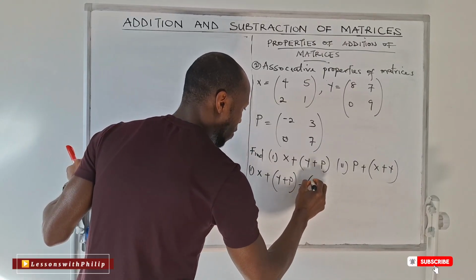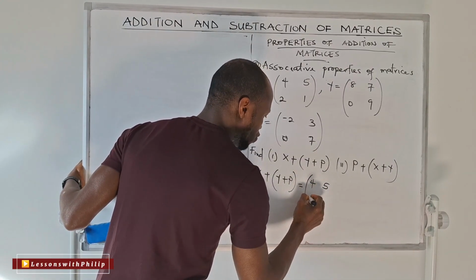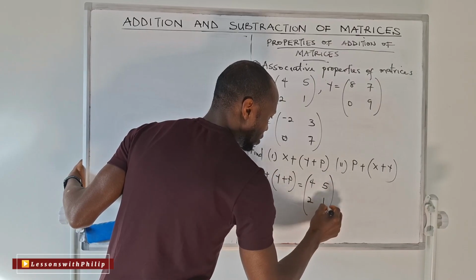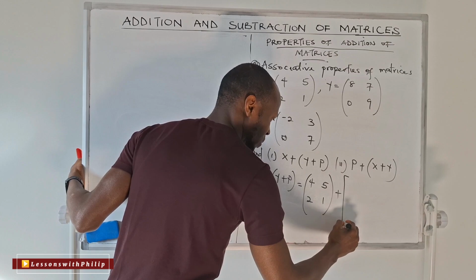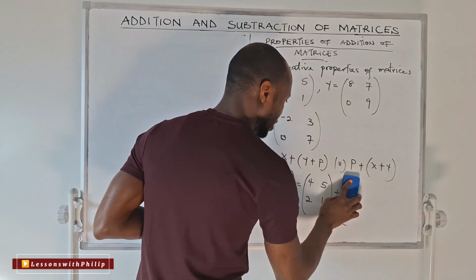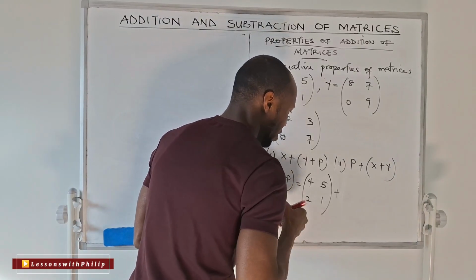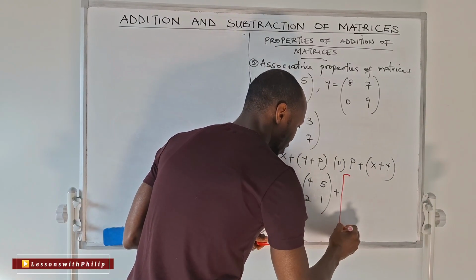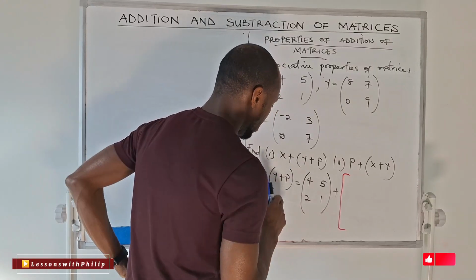That will be 4, 5, 2, 1, plus, open a big bracket. Let me use a red pen to write that in the bracket so that you'll understand what I'm doing. Then we have my Y plus P.